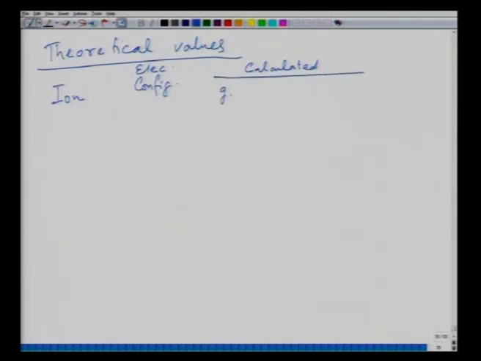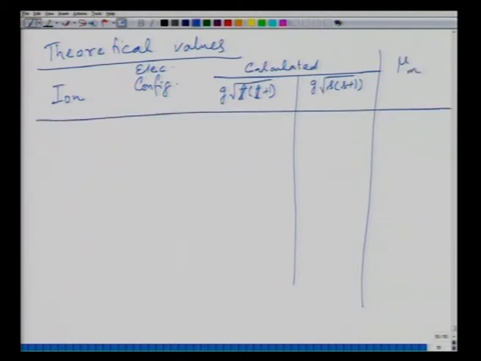So orbital is root of j into j plus 1, and then spin is g into root of S into S plus 1, and then the measured value. So this is the measured value.